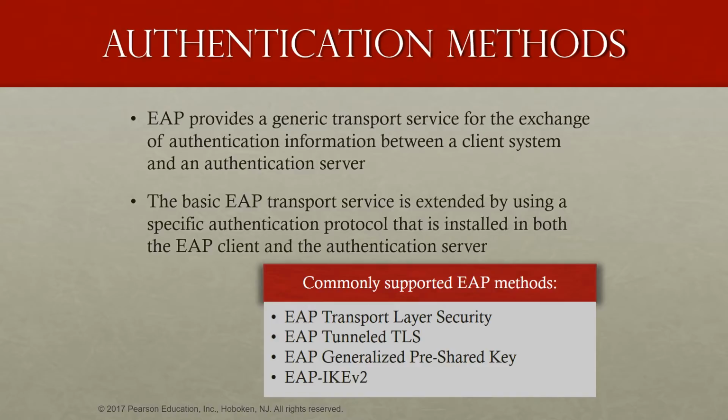Client and server authenticate each other using digital certificates. Client generates a pre-master secret key by encrypting a random number with the server's public key and sends it to the server. Both client and server use the pre-master to generate the same secret key.